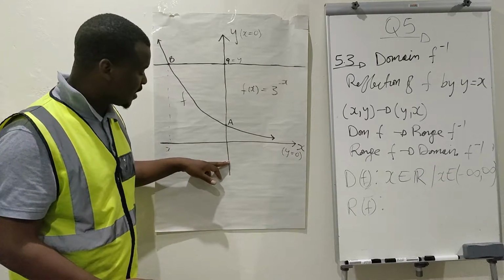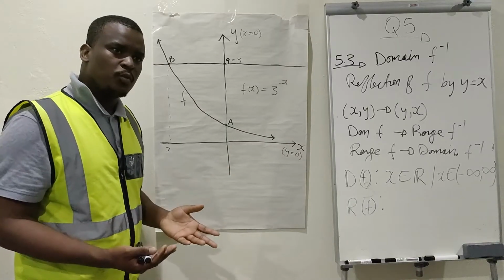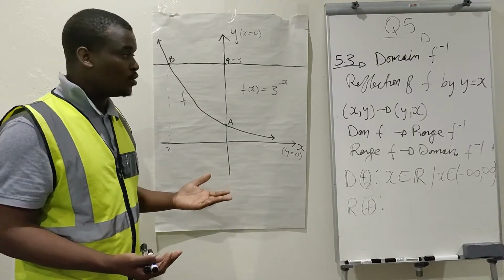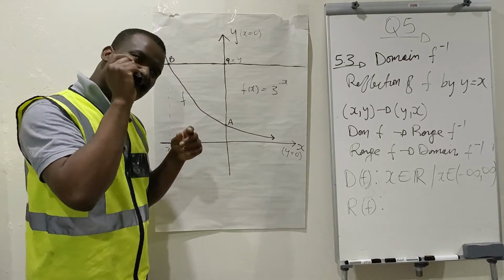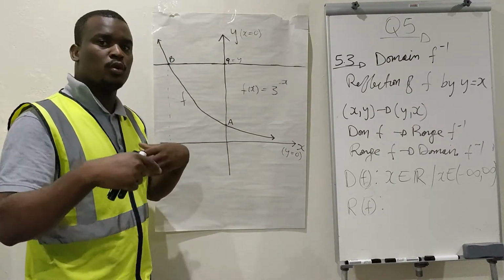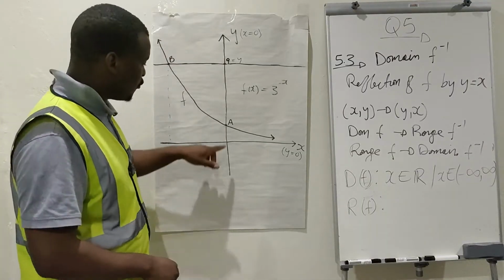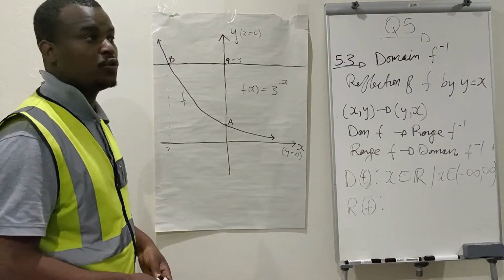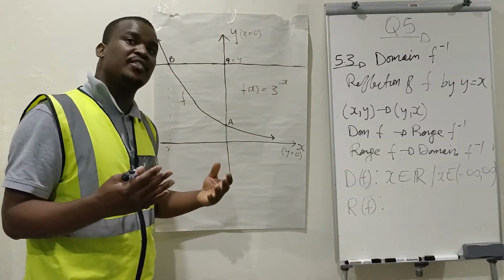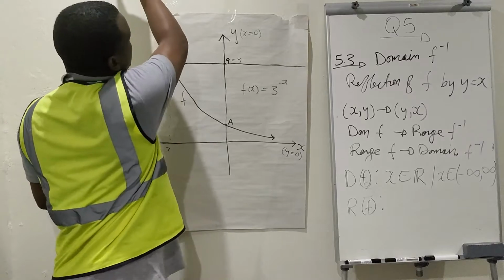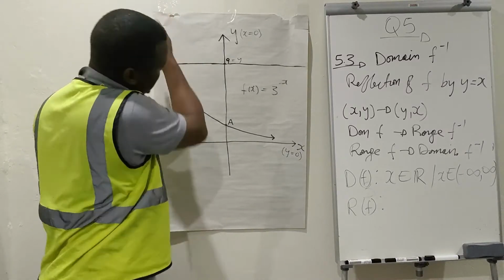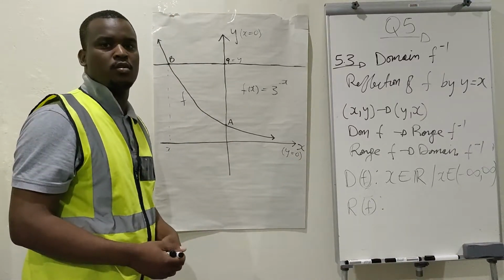So you say, okay, my range is the set of all y values that have a corresponding x value, which means for every y value you can find a corresponding x value, or the set of all y values that are used by the function, which go all the way from above 0 to infinity.